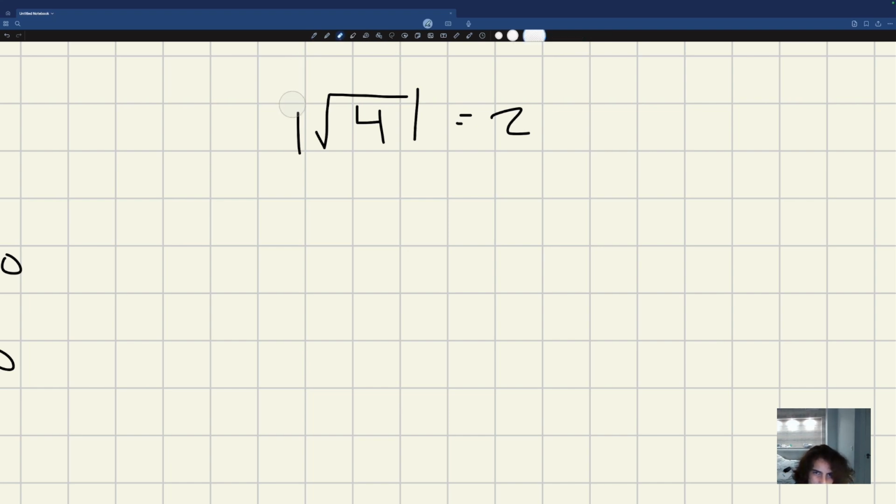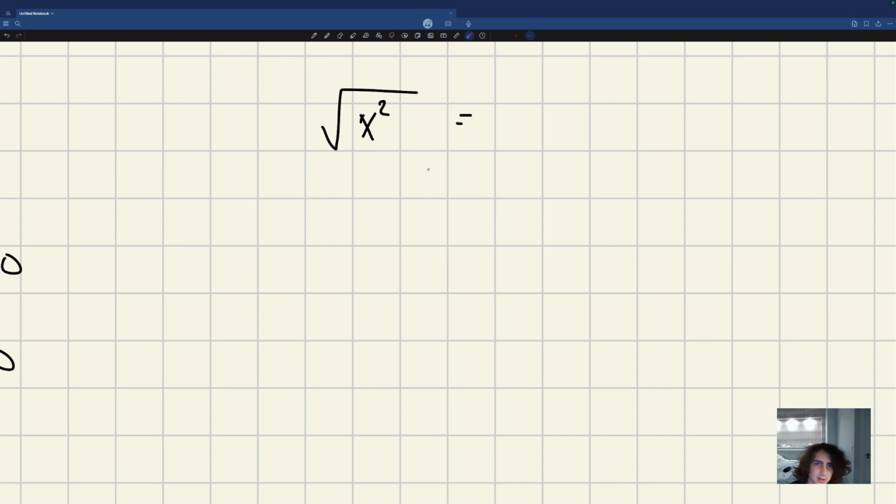Now, it's different if you're square rooting, say, x squared, right? Because when you're square rooting x squared, the x can be positive or the x can be negative, but the squared will just make it positive.